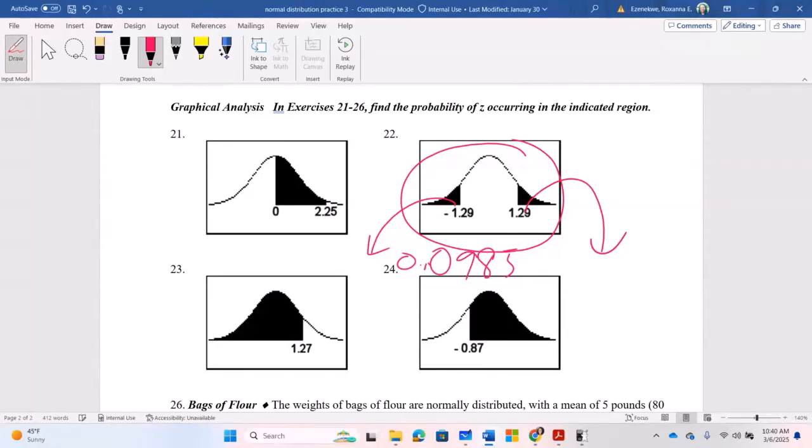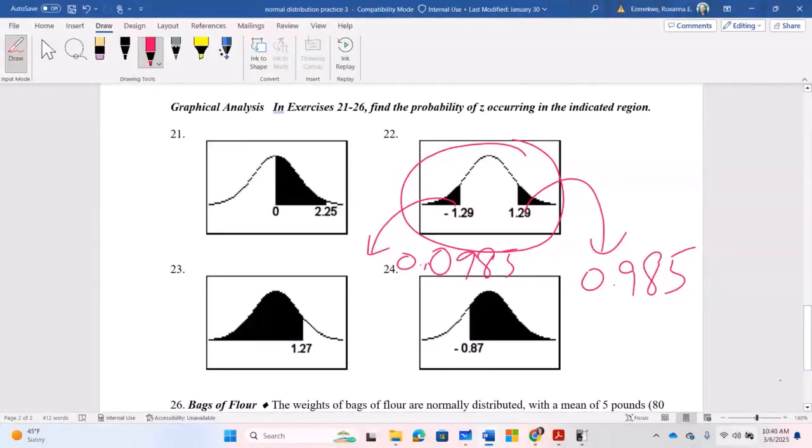The same area is here, because the absolute value of the z-score is the same. So this is 0.0985, because the normal curve is symmetrical. The area to the right and the area to the left are equal because the absolute values of z are equal.